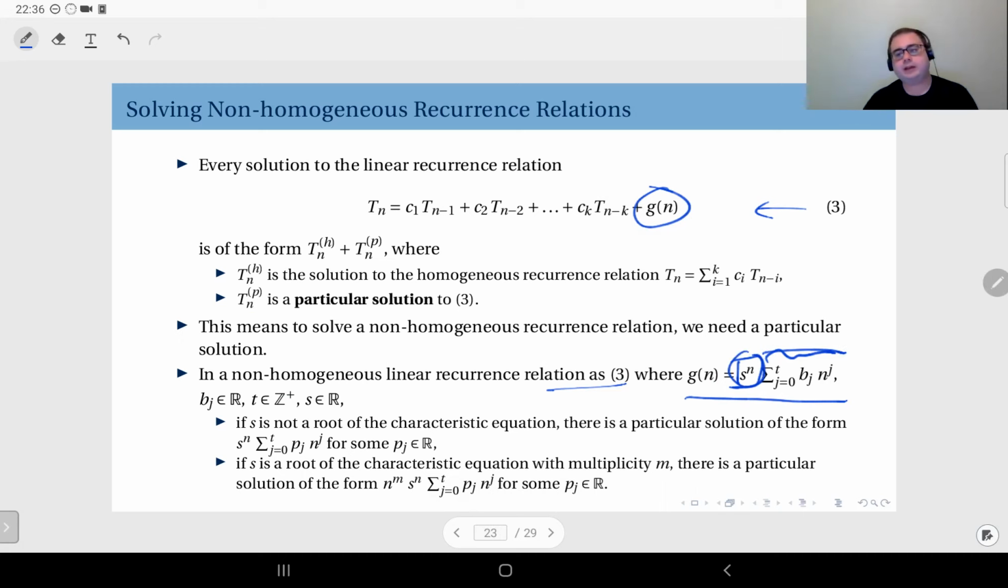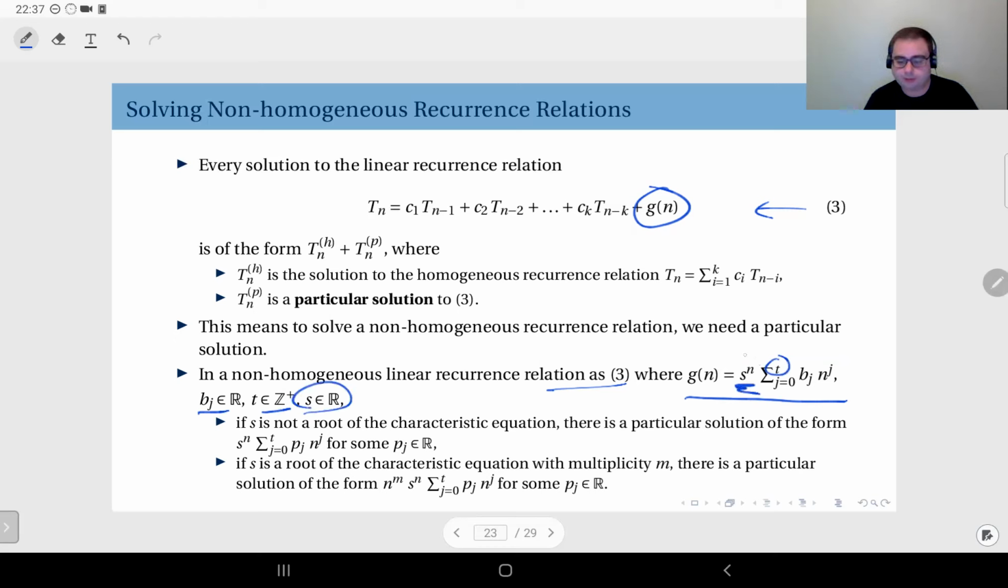This has a similarity to the general solution form where we have exponential functions, or in the repeated root case, an exponential function times n, n squared, n cubed, etc. Here, obviously, the coefficients are real numbers, t here is a positive integer, and s here is a real number.